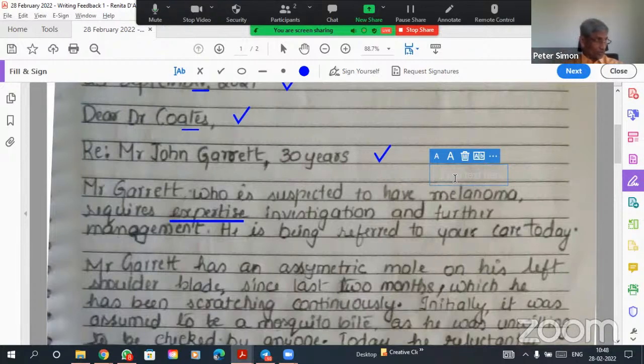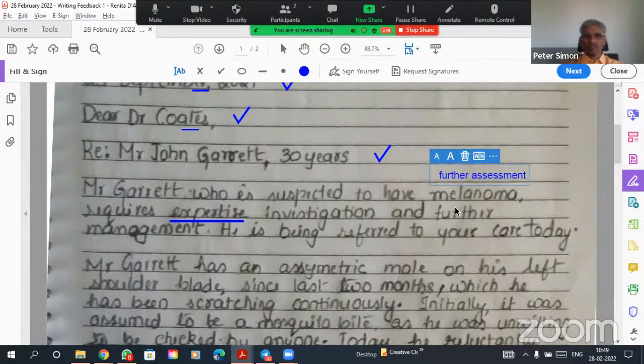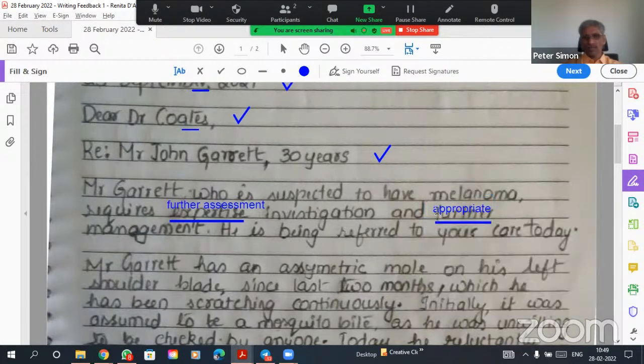So it requires further assessment, and here you can change to appropriate management. Further assessment and appropriate management.